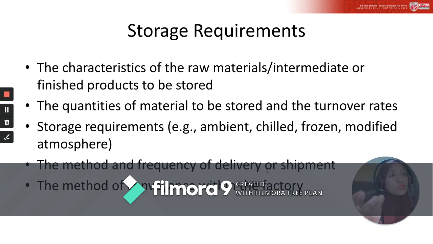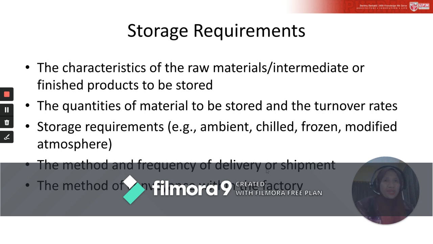All right, do you receive it in a cargo ship? Do you receive it by tanker? Because by knowing the transportation type, you will know the amount of raw material that you will receive, because later on you need to keep it inside your food production facility.